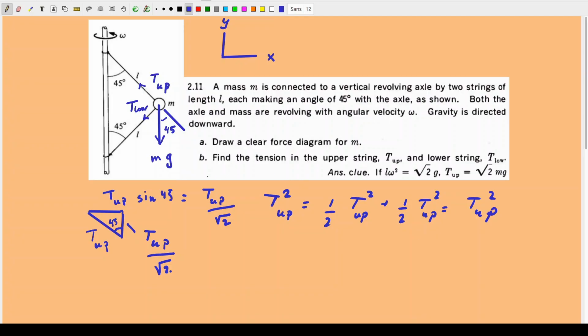So let's take a look here now. Forces in x direction. So what kind of forces do we have in x direction?